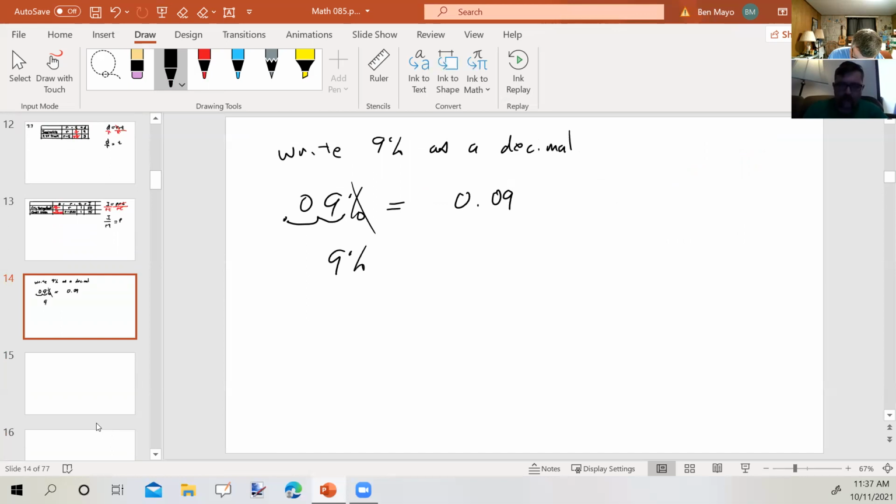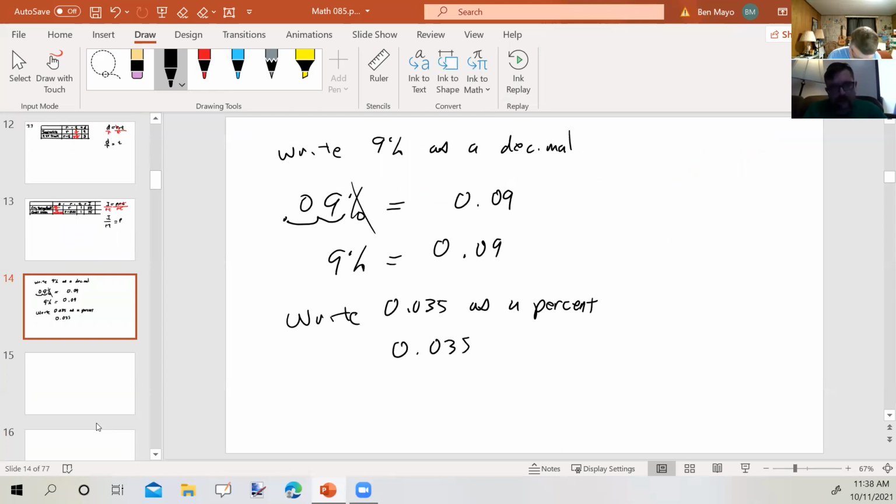So 9% is 0.09. Are you okay with that? All right, let's go the other way. Write 0.035 as a percent. So here we would move the decimal point 2 places to the right and add a percent sign.